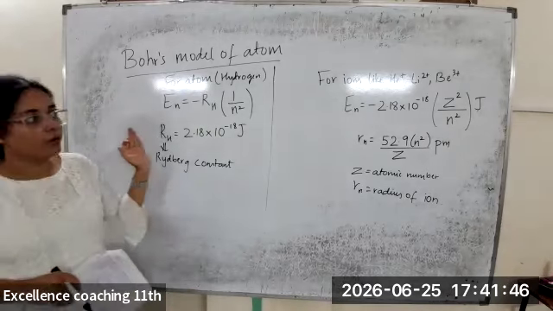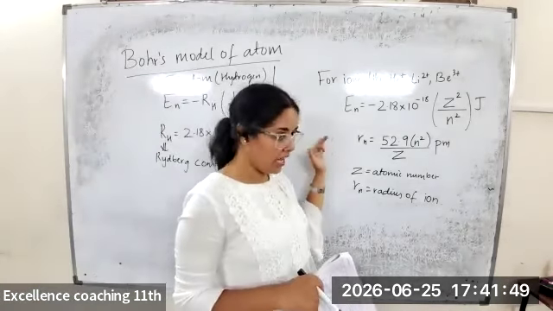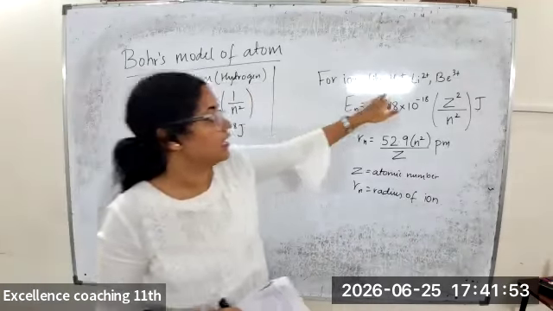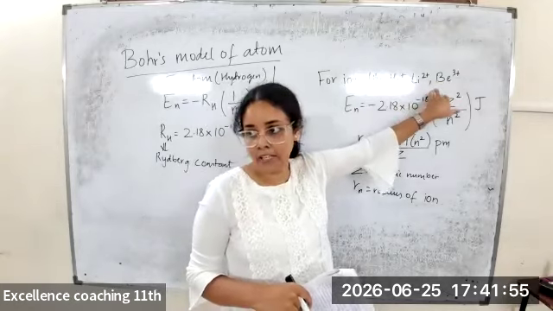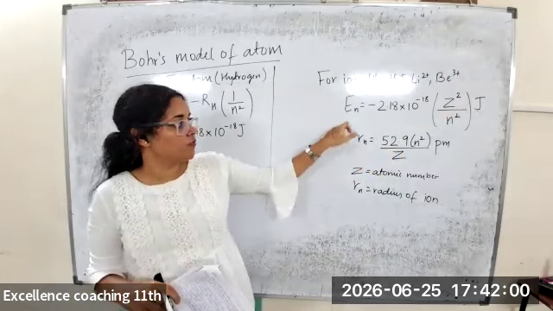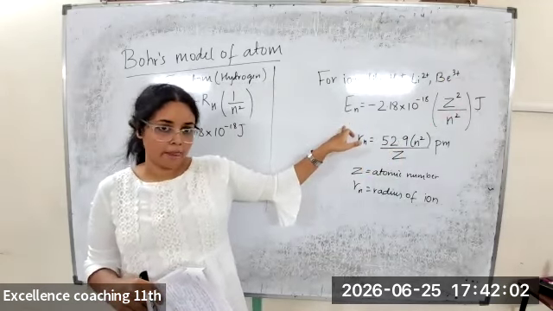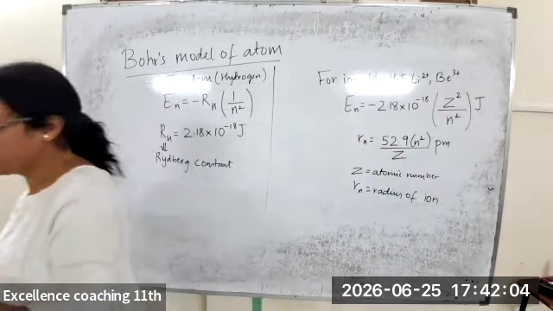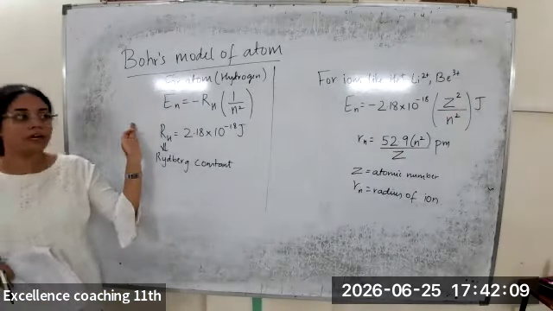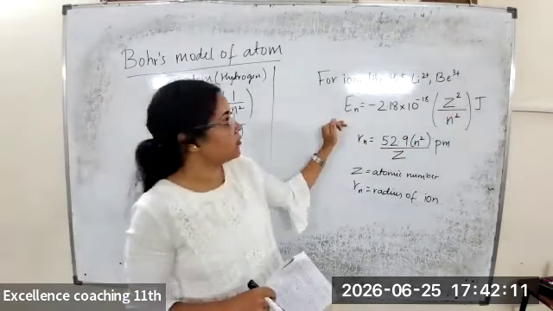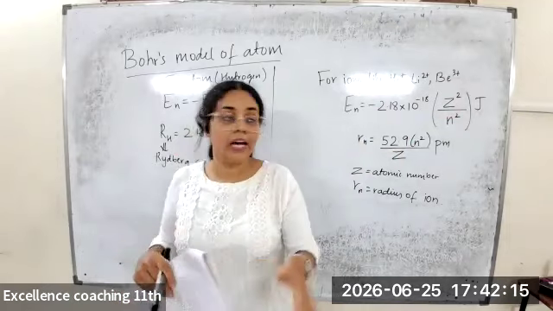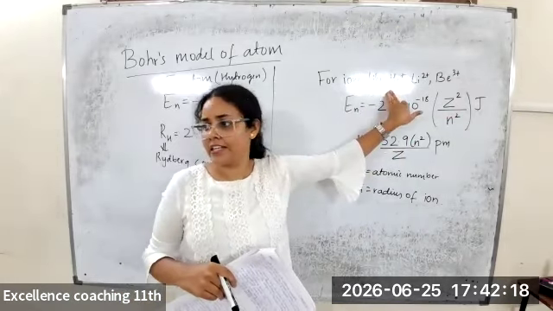But when I consider the ions, like the other ions of say helium, lithium, and beryllium, then I will use this particular energy formula. So basically there are two formulas. This particular formula is for the hydrogen atom, and this energy formula will be for ions which resemble the hydrogen atom. Like, for example, helium will be basically 2, right?